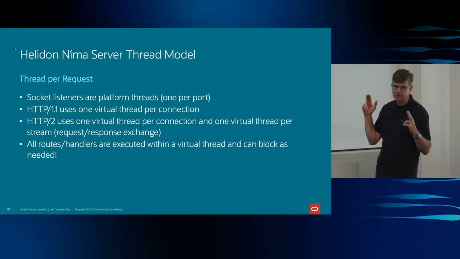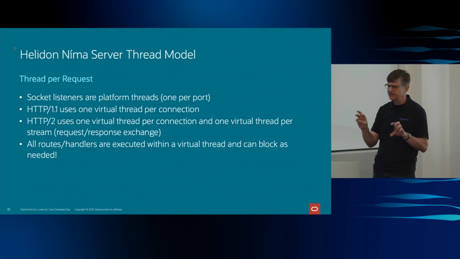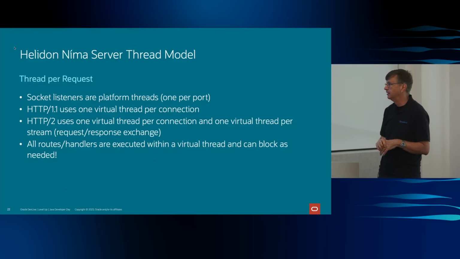So you have 1 for the HTTP2 connection to manage the connection, and then 1 is allocated per HTTP2 stream, again giving you this dedicated virtual thread for your request and response. And as I say here, all routes or handlers, all the business logic or your code that's executed by the request, is executed within a virtual thread and can block as needed.